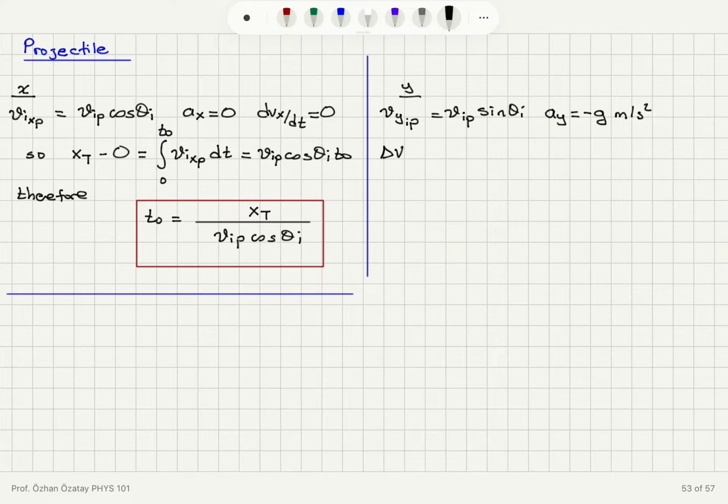So if I look at the change in the velocity on the y-axis, it is the final velocity y component minus the initial velocity y component, which is the integral from 0 to t0 of a_y dt, which is minus g t0. So I find that the final velocity y component of the projectile will be the initial velocity v_ip sine theta initial minus g t0.